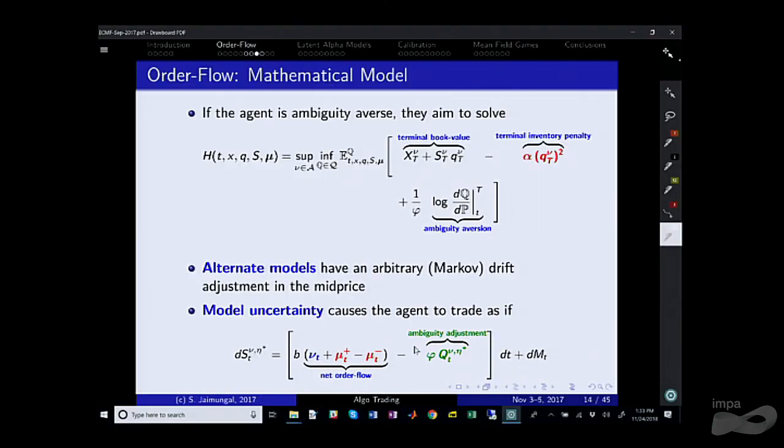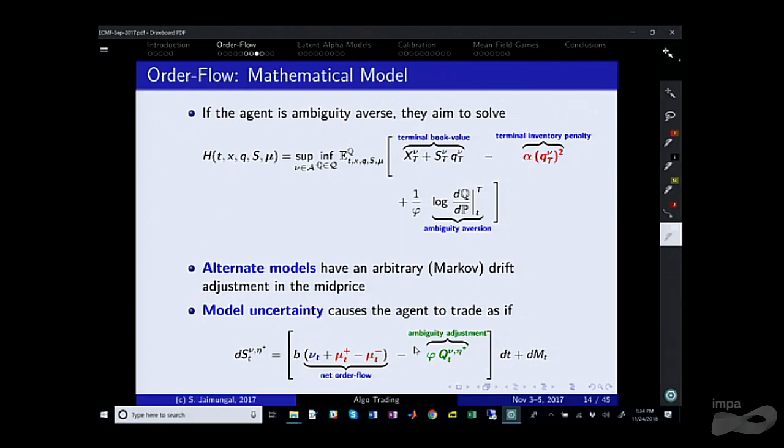And it's minus phi times your current inventory. So the way to think of this is, if I have a long inventory currently, I trade as if the asset has a negative drift. And if I have a short inventory, I trade as if the asset has an excess positive drift. Because that's what will hurt me.